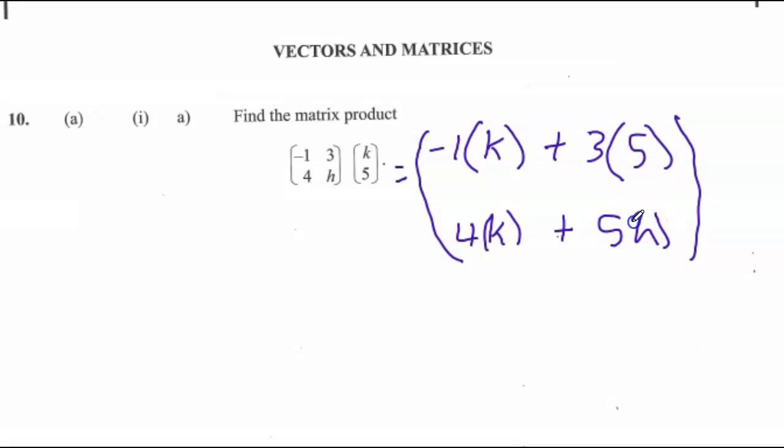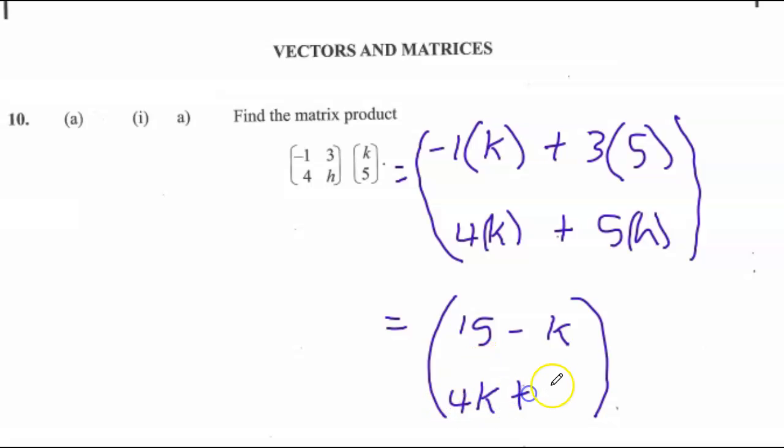Right? So this will go what now? Negative k plus 15, or 15 minus k if you want to put the positive value first. And this is 4k plus 5h. So that would be your matrix product.